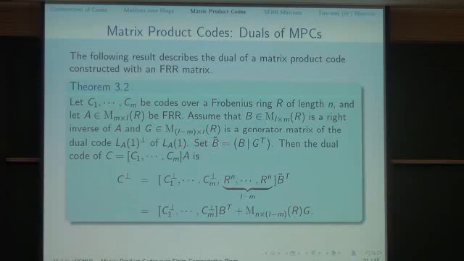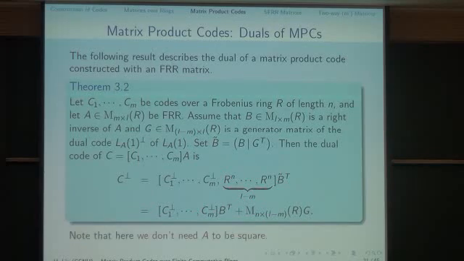Let the matrix be formed from B and G transpose, the transpose of G. Then we can prove that the dual code is also a matrix product code. That is, C perp has this form: this is C1 perp, this is Cm perp, and this is R^n, here is R^(L minus M).